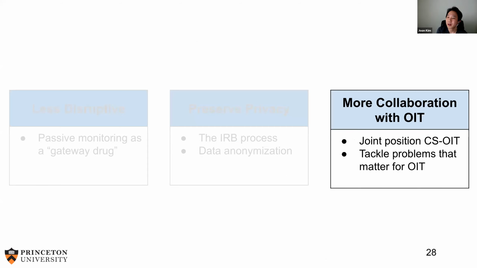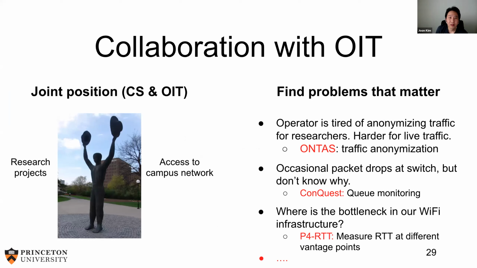Let's talk more about collaboration with IT. This is what worked well at Princeton. The strategy is to have a joint position between the computer science and IT departments, so a person with two hats.